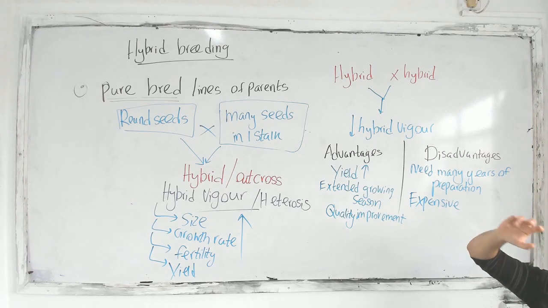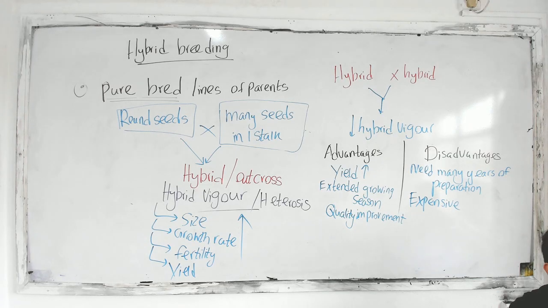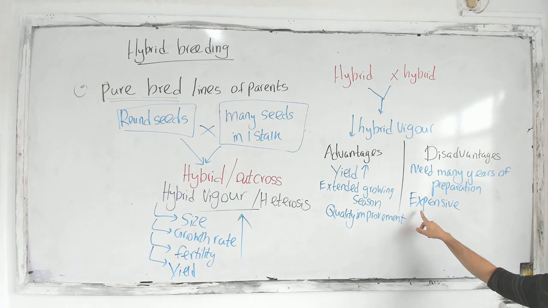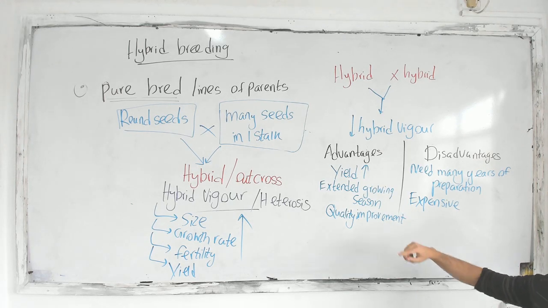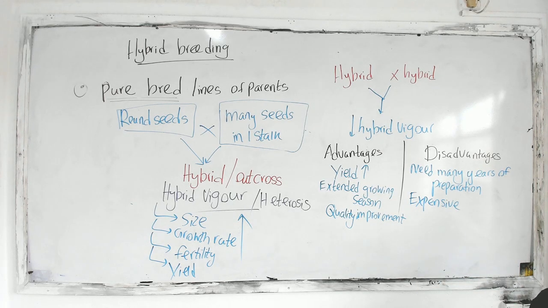How? They have the parent generations, so every year they cross them and get seeds. That's why they sell them for high prices, because they are maintaining pure lines. So that's another disadvantage. If you are a poor farmer, you can't get hybrid seeds, and then your yields are going to go down, right?